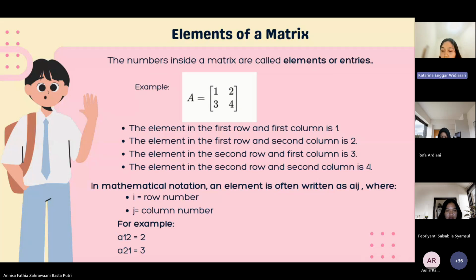So the element in row 1 and column 2 is equal to 2. Another example: A21 means the element in row 2 and column 1, which is 3. This notation is very useful because it helps us locate elements quickly, especially when a matrix becomes large and more complex.